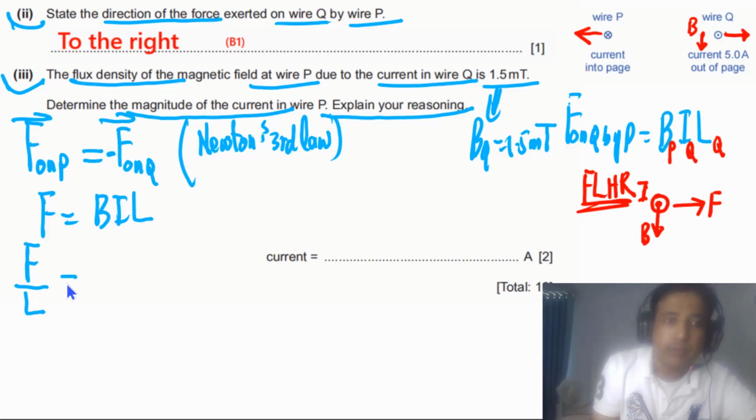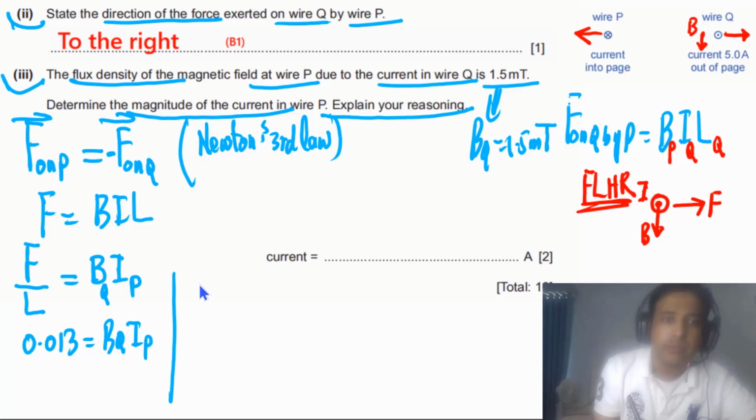So simply we can say this is equal to BI. This B is the external magnetic field, meaning this is due to Q, and I is current in P. So this value we have already calculated, and that was equal to 0.013. So here we have BQ and here we have IP. For this question we need to calculate value of IP.